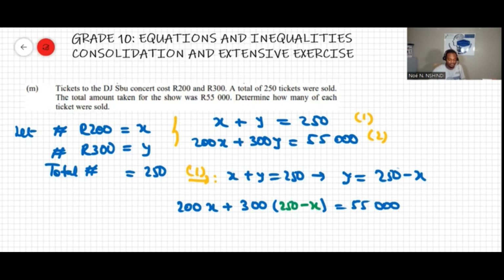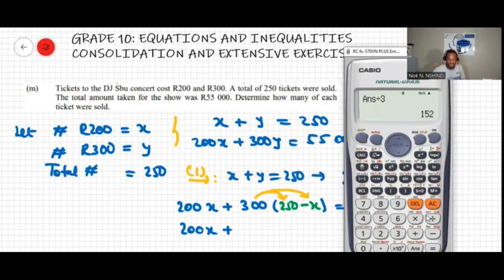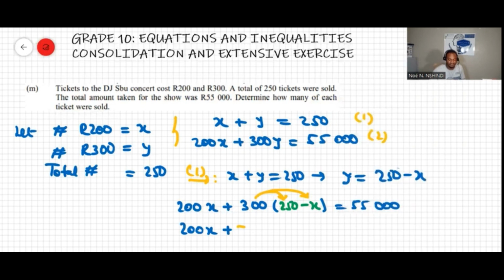Then this will be 200x plus 300 times that, 300 times 250 makes 75,000. So I make 75,000 minus 300x. This is equal to 55,000. Okay, so now 200x minus 300x.